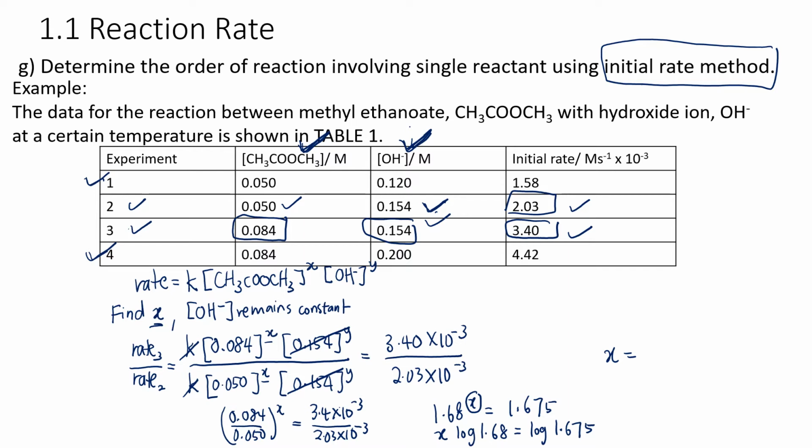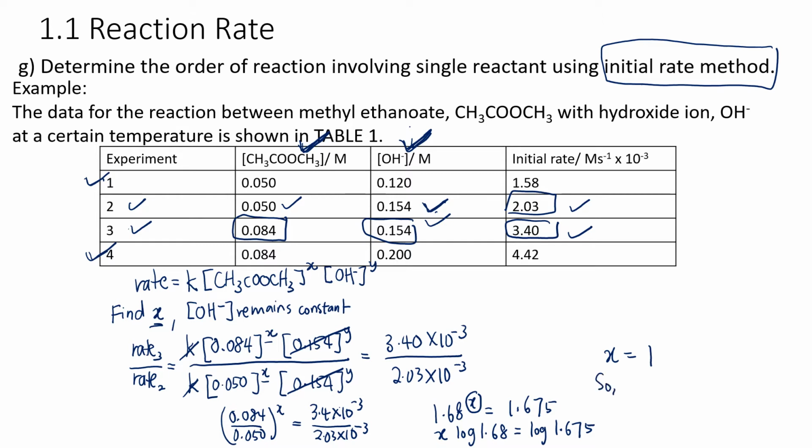We know that order is a whole number, so 0.994 is equivalent to first order. We don't leave our answer as x equals 1. We must write out the order.